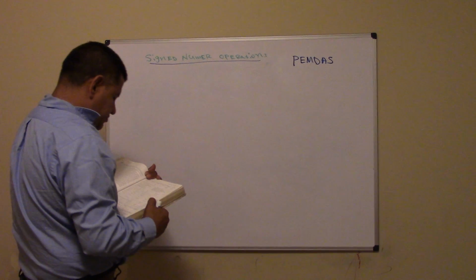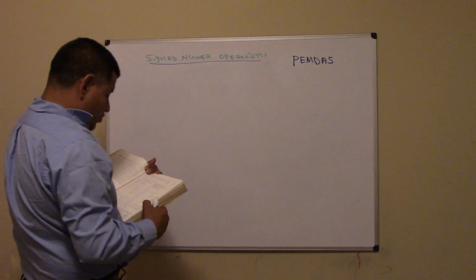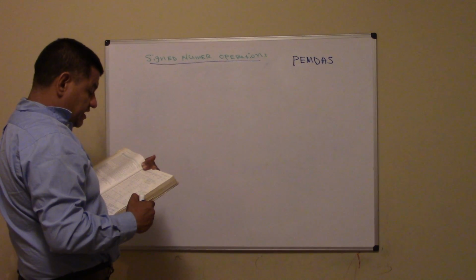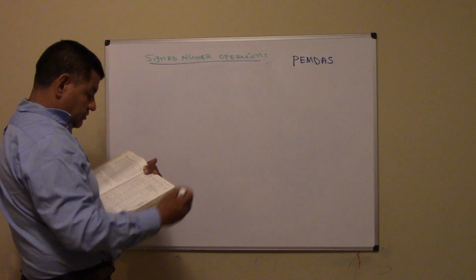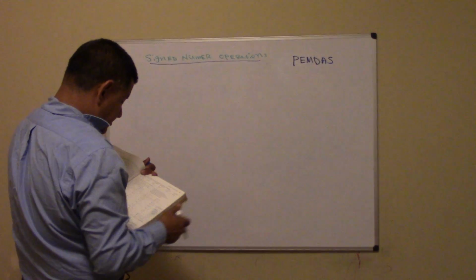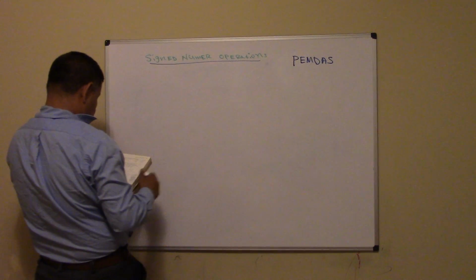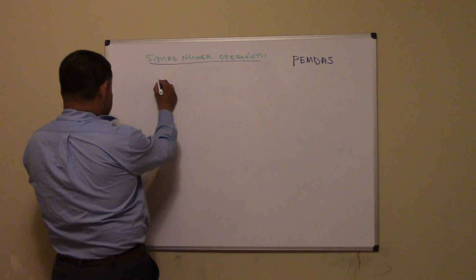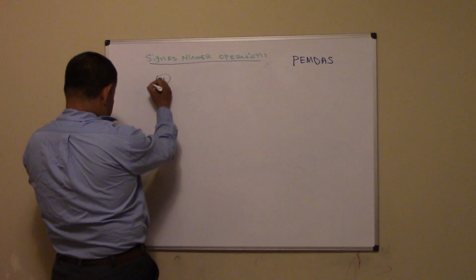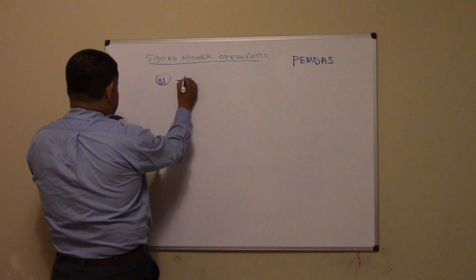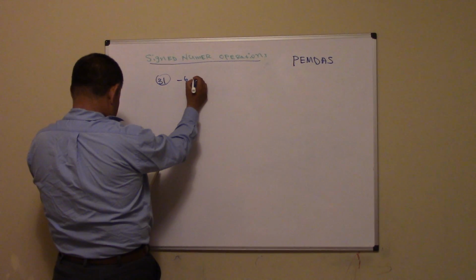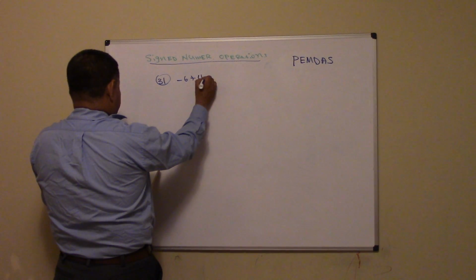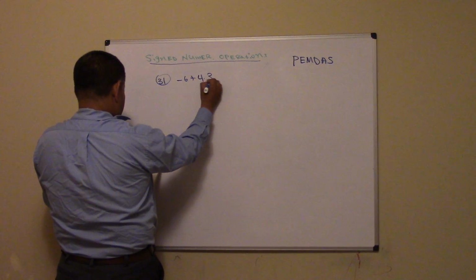Okay, so let's do one basic problem, which is number 31. Number 31, which is negative 6 plus 4 times 3.